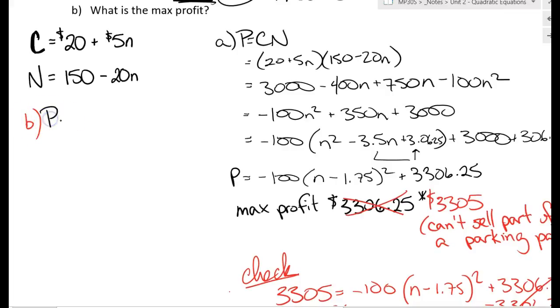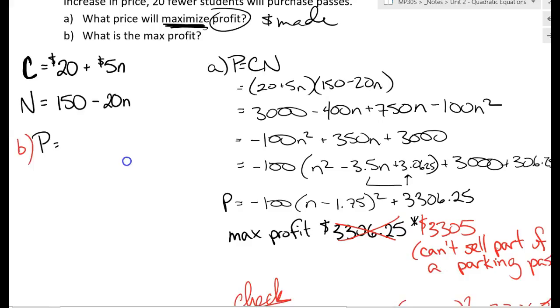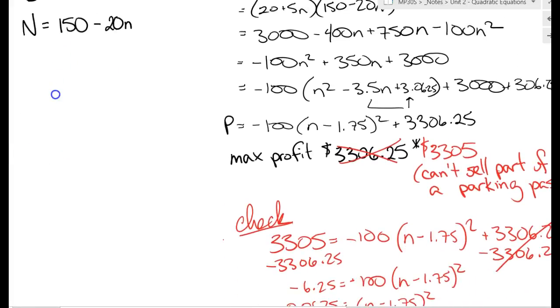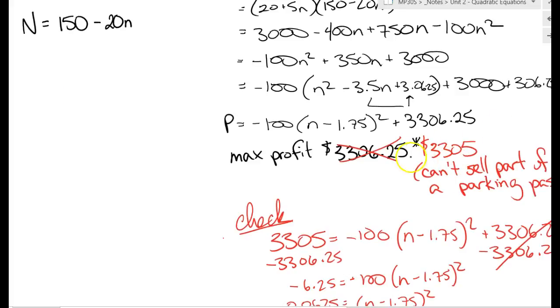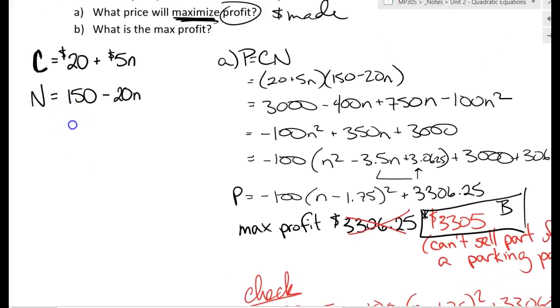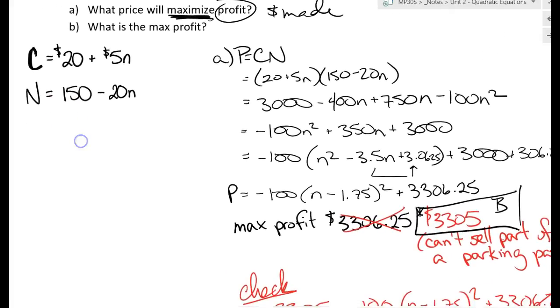Its profit is going to be, and you know what? I've actually answered these in reverse order. This is my answer for B, because this is my profit. My bad. This is my answer for A. So those are my 2 pieces to this puzzle.